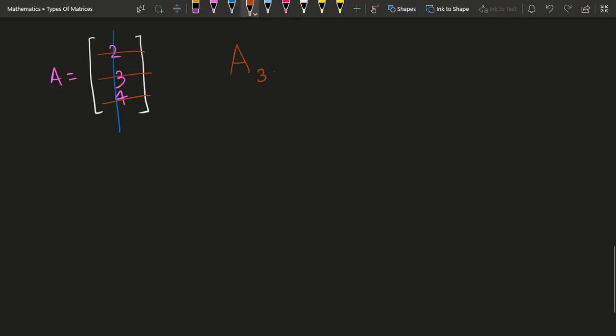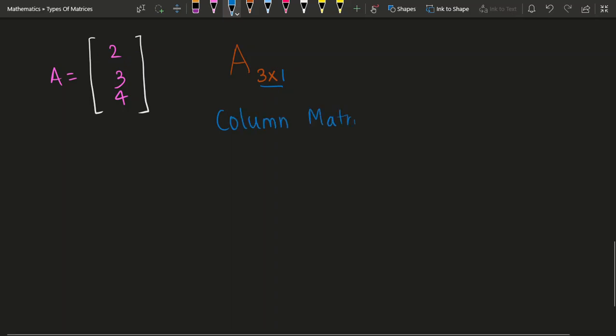So the order is 3 cross 1. And since this is just one column, the types of matrices that have just one column are called column matrices, or a column matrix for this example.